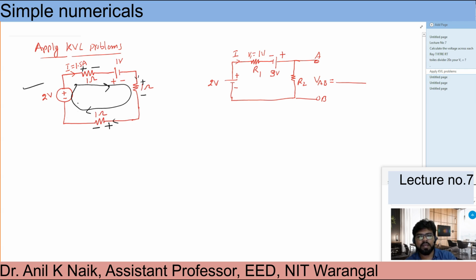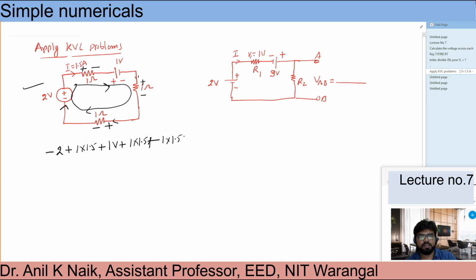Now if you apply the KVL here, I will start from this point. I can write minus 2 here, plus 1 ohm into 1.5 amperes for this one, plus 1 volt, for this plus 1 into 1.5 amperes, for this again plus 1 into 1.5 amperes.